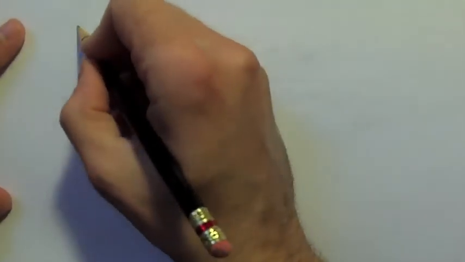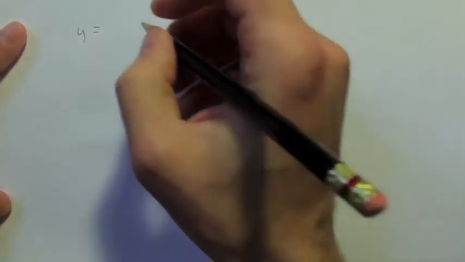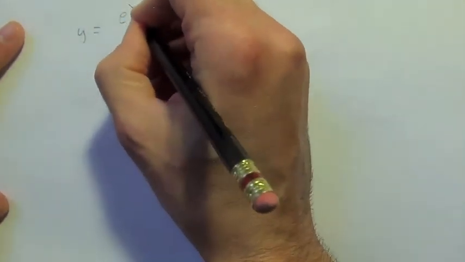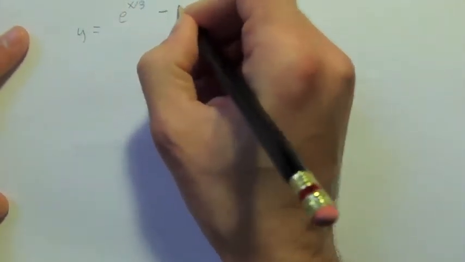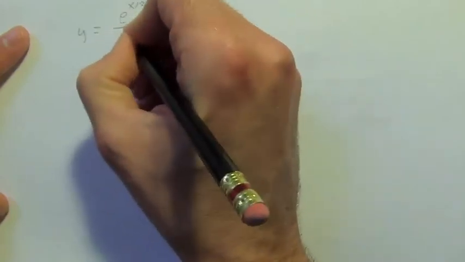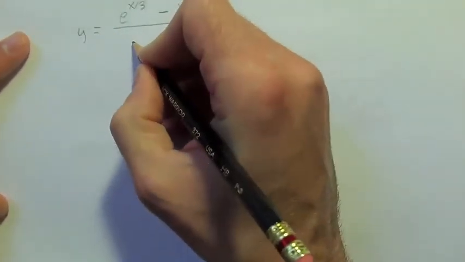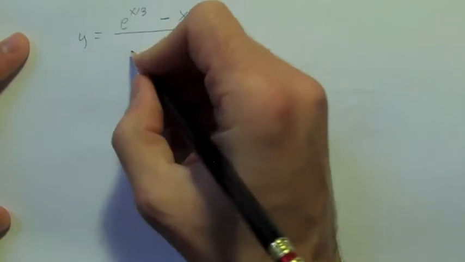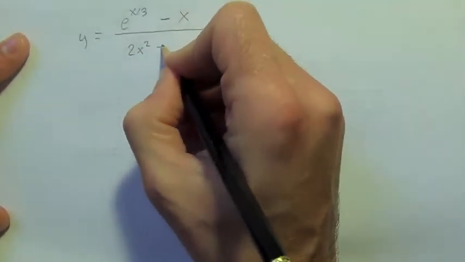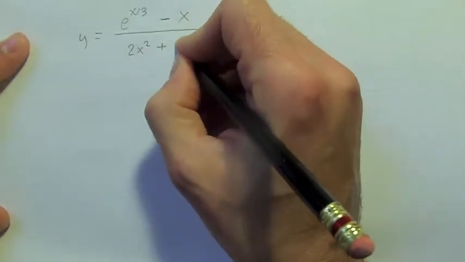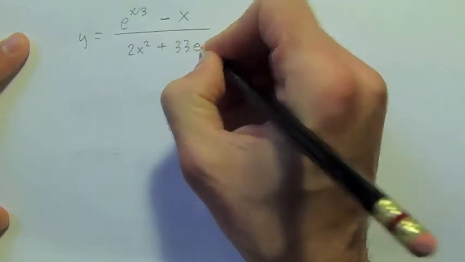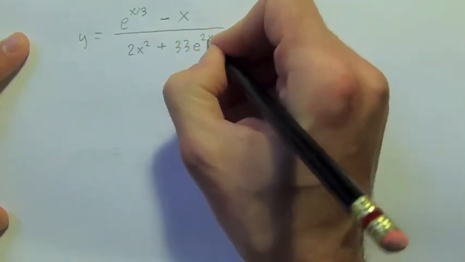Let's say I have y is equal to e to the x over 3 minus x, all over 2x squared plus, let's say, 33e to the 2x.